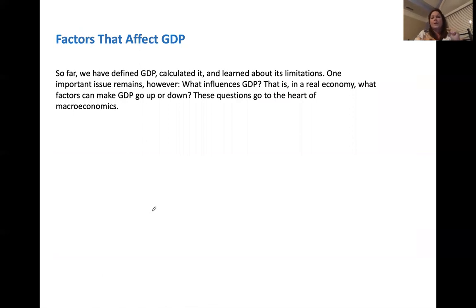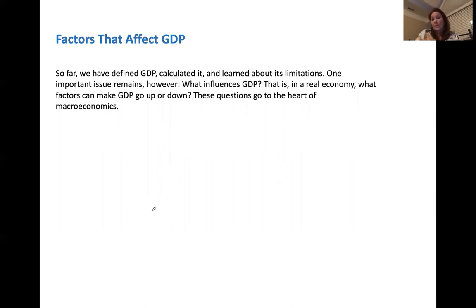So we've talked about GDP, what it is, how to calculate it, and then we've got limitations. It doesn't account for underground economy, things like that. But if we want a strong GDP, we need to know things that can make it go up or down. What are influencers?